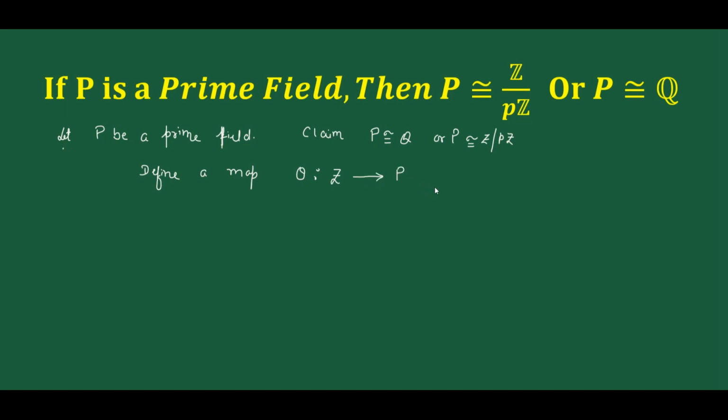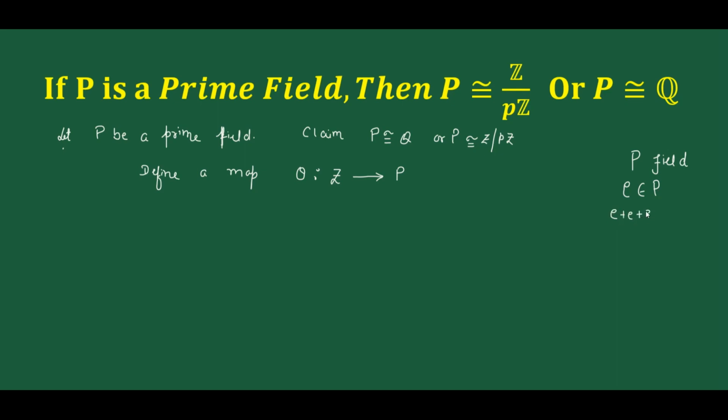What is the natural way to define a map from the set of integers to a prime field P? You know that P is a field. So I will give you the idea how to define a map. Multiplicative identity is there because P is a field. There is a multiplicative identity e in P, and P under addition is an abelian group.